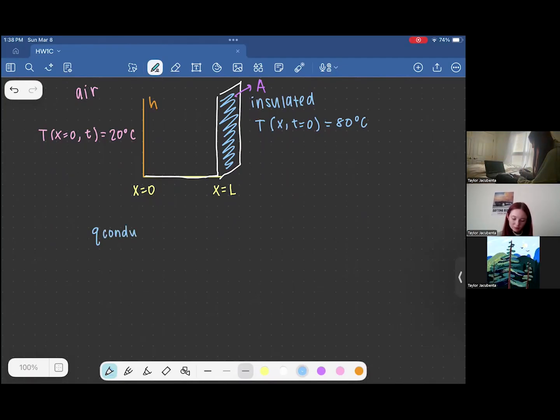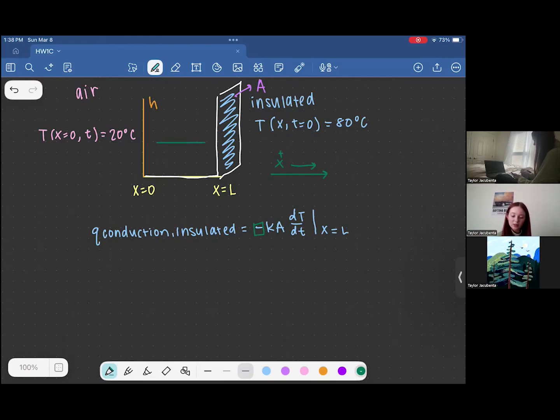And so we're going to show you how we can use heat equations. So we're going to have Q of conduction of our insulated surface equal to the negative thermal conductivity coefficient times the area multiplied by the derivative of temperature with respect to x, evaluated at x equals L. We can denote that this is negative because we are going to set up our positive axis for x going in the right direction, because we want our heat flow to go from hot to cold, 80 to 20, going in the opposite direction, which is left.